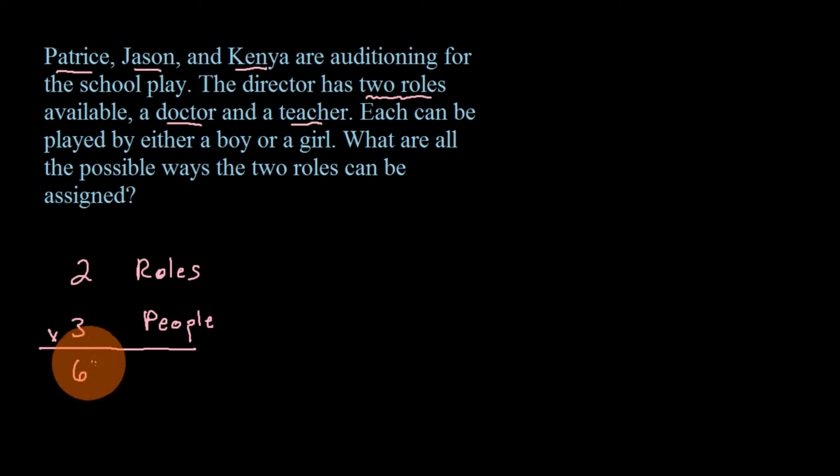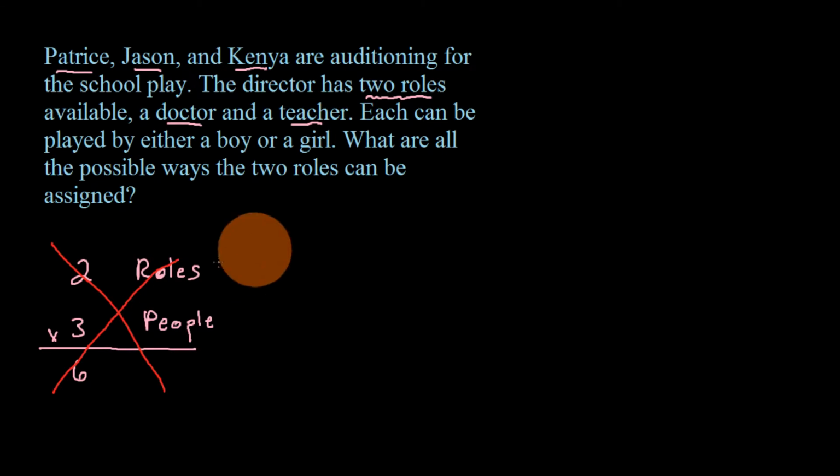And you might want to say there are 6 different possibilities or combinations for these roles. That's not what we're asked to do in this problem, so be real careful. I just want to actually cross this information out because we're not following what the problem wants us to solve.